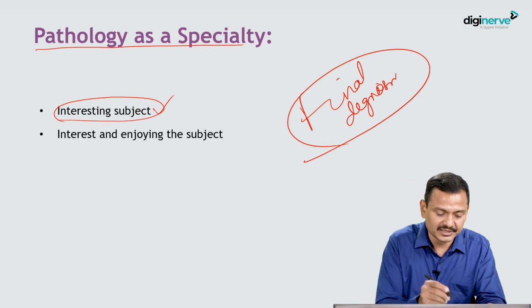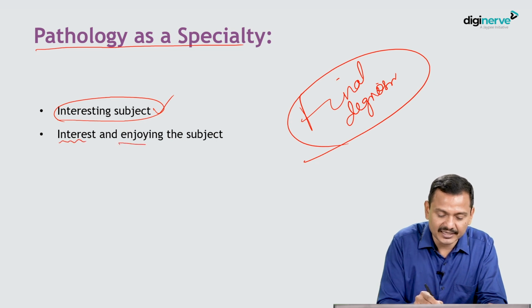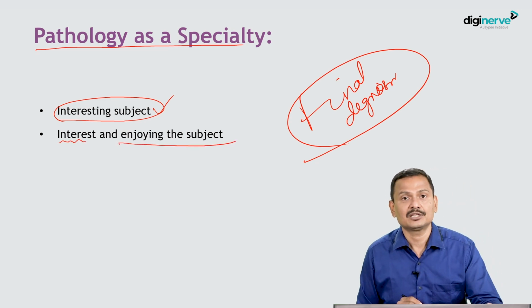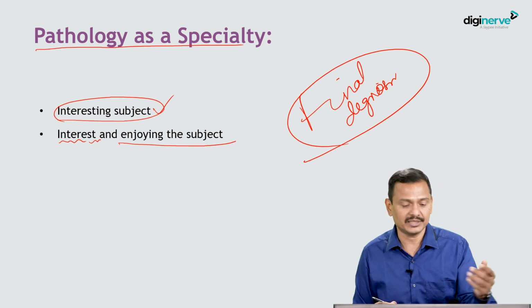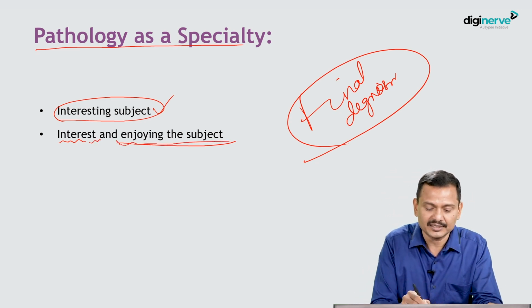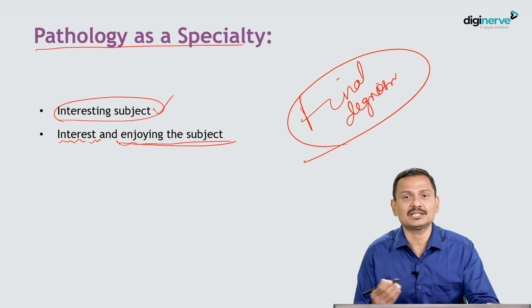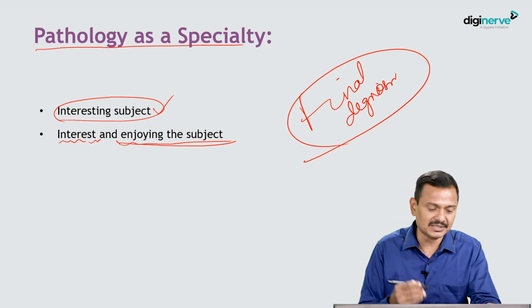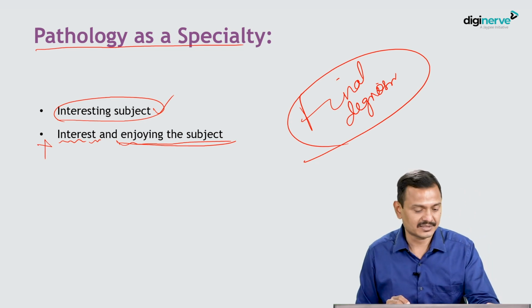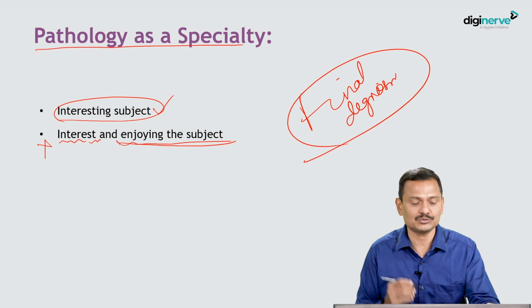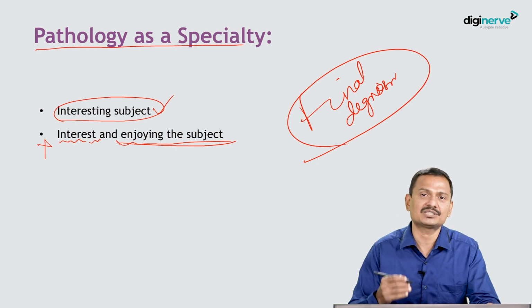But the most important thing here is interest and enjoying the subject. If you are interested in the subject and you love what you are doing, definitely you will do well in it. But if you are doing it out of force or compulsion, then you will never be able to excel in the subject. When I was an undergraduate student, I took pathology just as a subject.